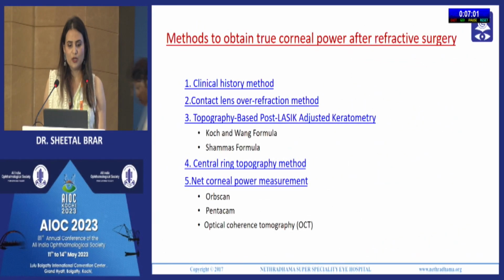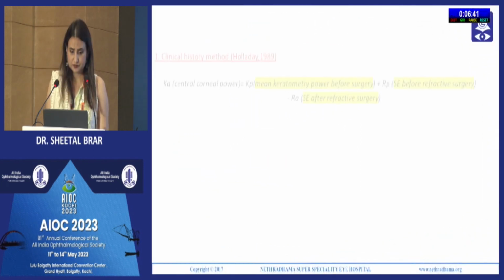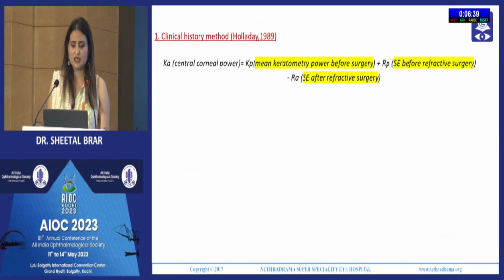Now, what are the methods to obtain true corneal power after refractive surgery? There is the clinical history method, which is still considered the gold standard, the contact lens over refraction method, topography based post-LASIK adjusted keratometry, the central ring topography method, and net corneal power measurement. The clinical history method was proposed by Holladay in 1989.